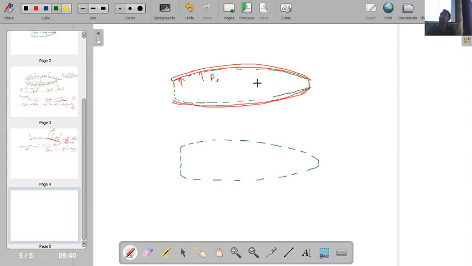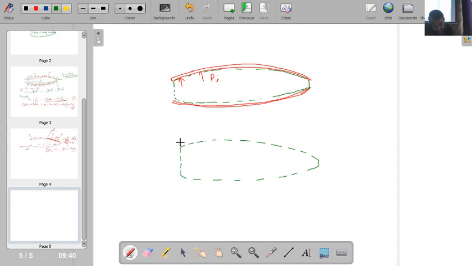This will be my fluid portion. So if this Pi was the pressure which was acting on the body, then this body will also put an equivalent amount of pressure on this control volume. Is this one clear? But in the opposite direction.